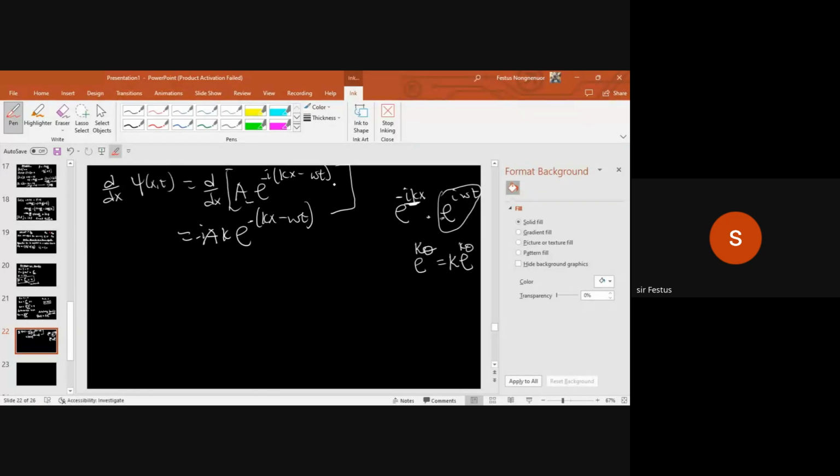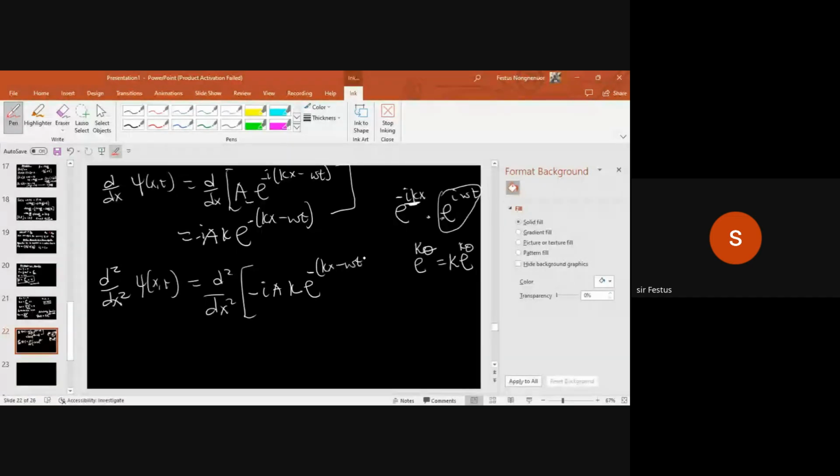To go for the second differential, that is d square on dx square of whatever you differentiated first. So this is psi of x and t, d dx square, then we are differentiating minus i A k e to the power minus i in bracket kx minus omega t. This is what we will differentiate again.